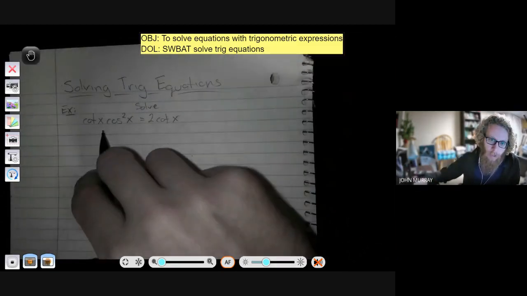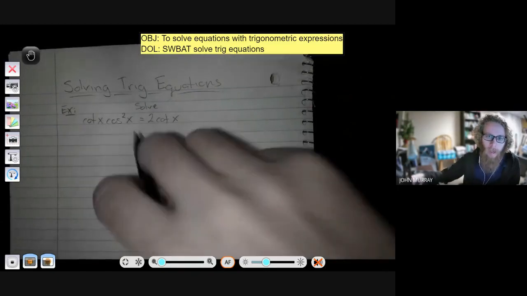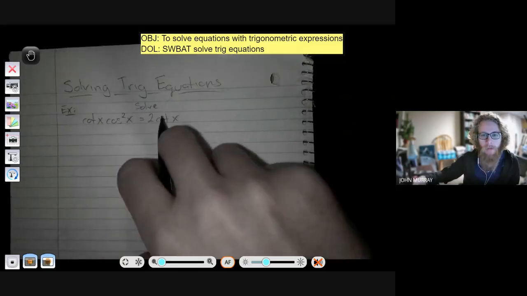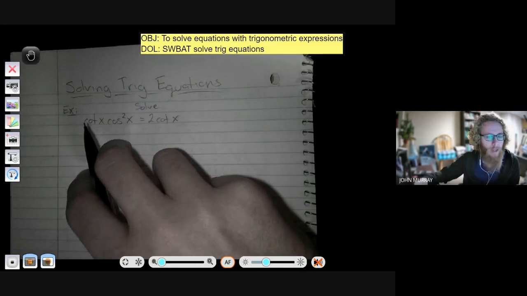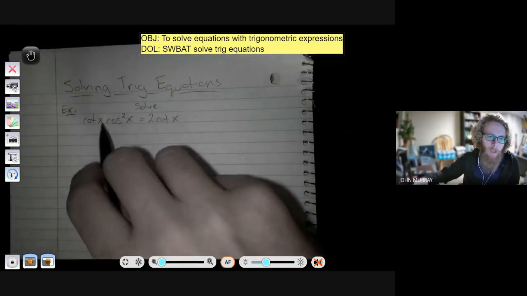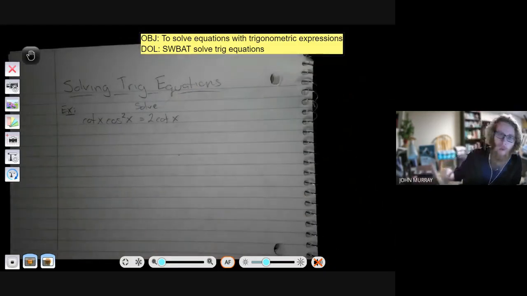So I have a cotangent x and cosine squared. They're being multiplied. And on this side, I have a cotangent. So I can't subtract, and I can't really divide by cotangent x. It doesn't work that way. That's the one drawback, right? I can't just divide by cotangent x and they're both gone.